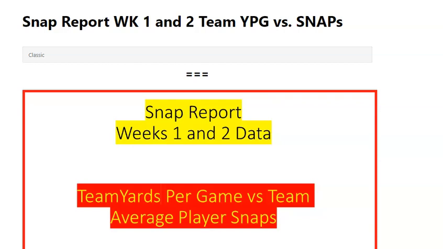But anyway, I was considering team average player snaps. In other words, if you just take the team, take all the players and average their snaps, there is a difference amongst the team. And then I said, well, does this have any relationship to the team's yards per game?